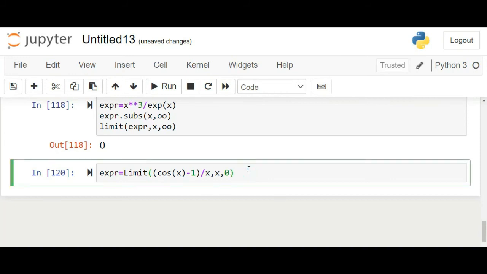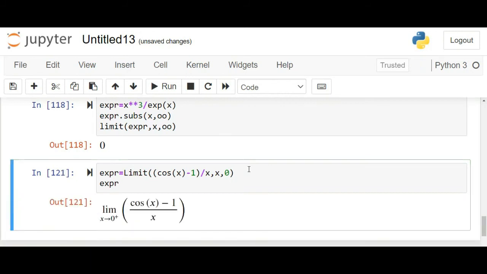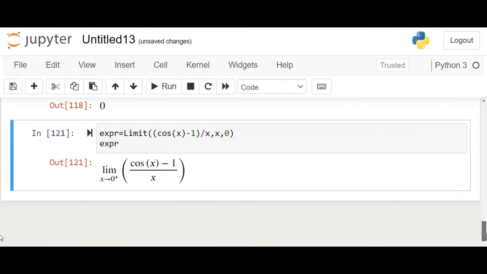And here we shall write the expression, cos of x minus 1 divided by x, as x approaches 0 plus.